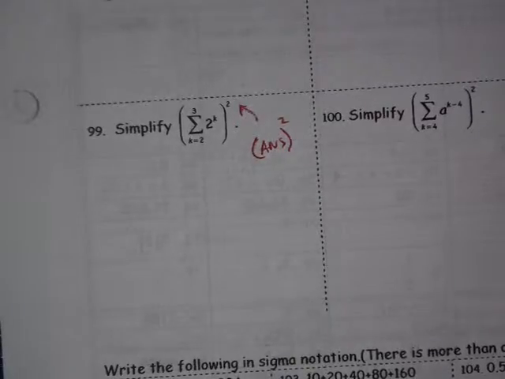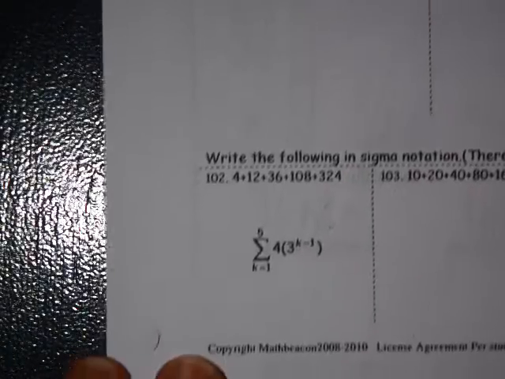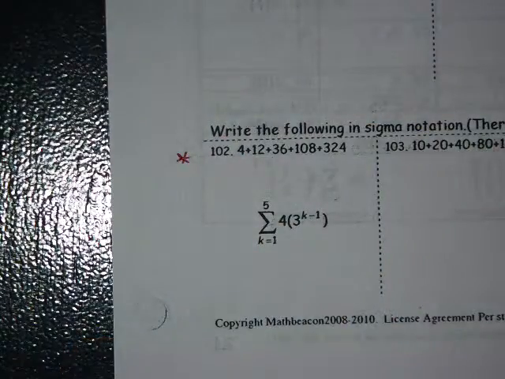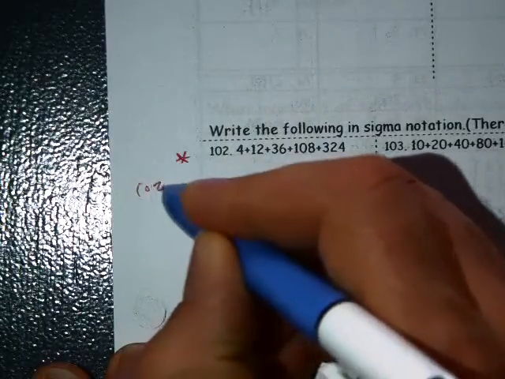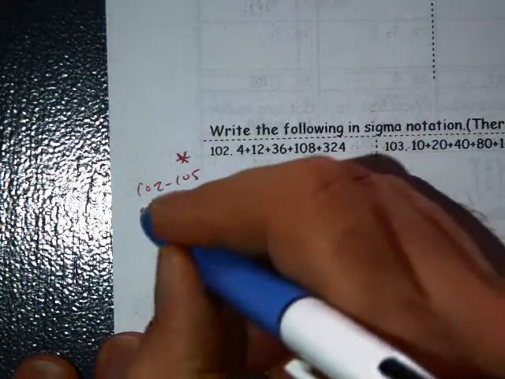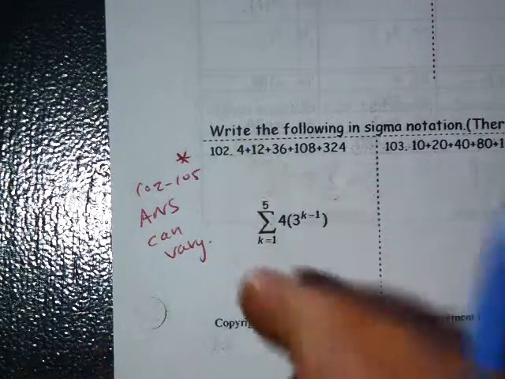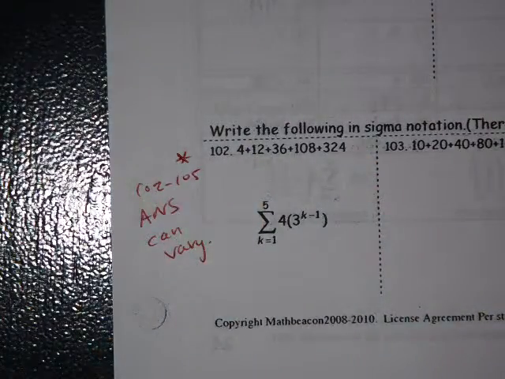And I'm just going to go down here to 102. And I'm going to make a little note here for 102 to 105. The answers can vary here, because what you're asked to do from 102 to 105 is make your own sigma notation.